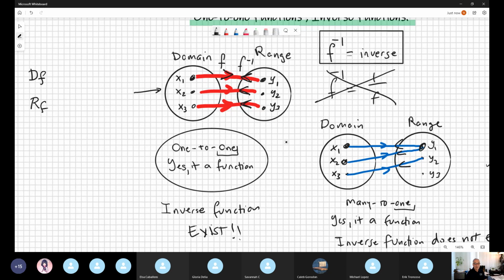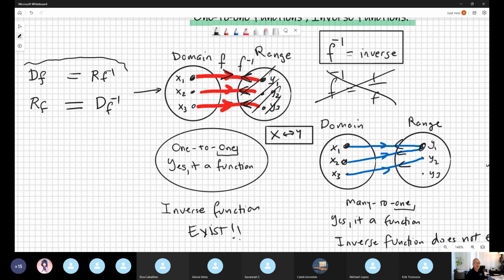However, when you find the inverse, the domain of the inverse is equal to the range of the original function, because now you interchange x and y like that. Likewise, this is equal to the range of the inverse function.